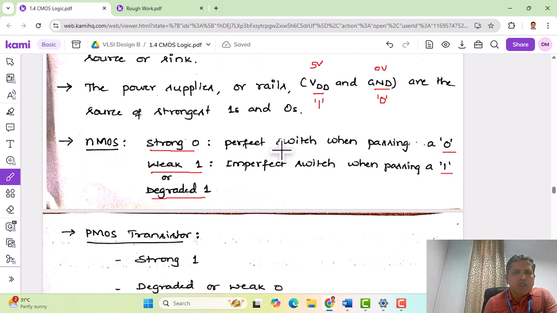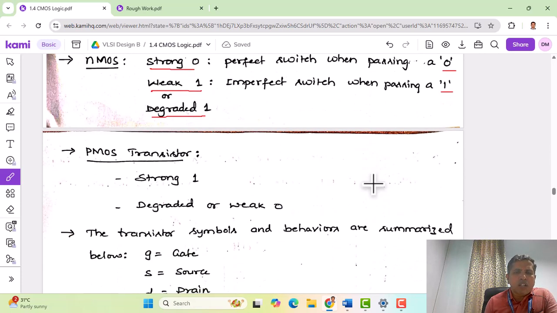So in summary, the N-channel MOSFET is a perfect switch while passing a logic 0 or 0 volts, whereas it is an imperfect switch while passing a logic 1 or 5 volts. These things we'll analyze practically, and we will show how exactly the NMOS passes 0 very well, and how it is imperfect while passing logic 1.